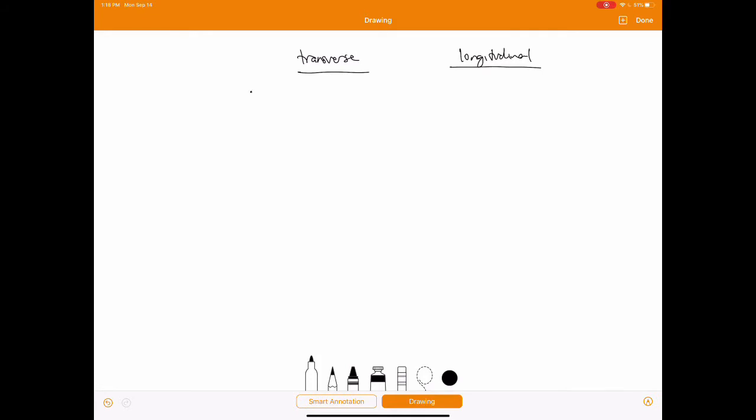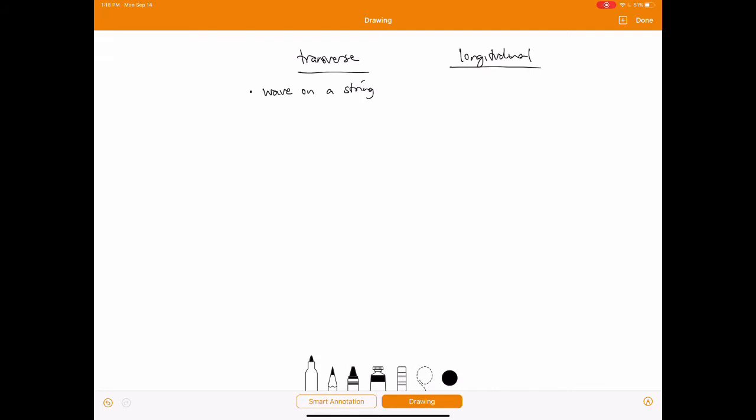One example of a transverse wave would be a wave on a string. If you take the end of a string or a rope and shake it up and down, you'll send a wave through the rope, and the direction of that wave motion will be perpendicular to the direction that you're actually shaking the rope up and down. So that would be a transverse wave.